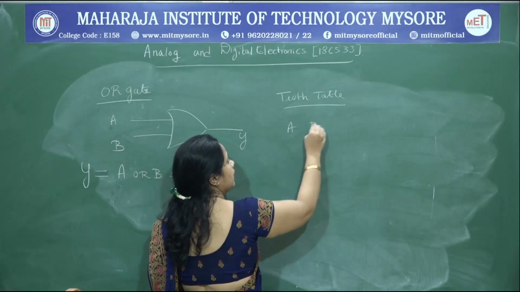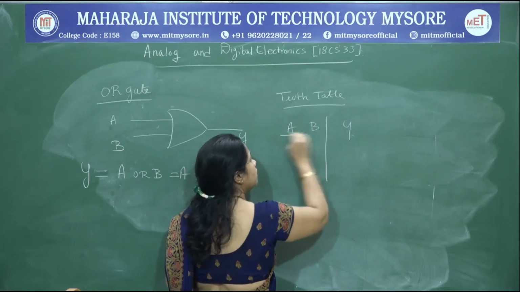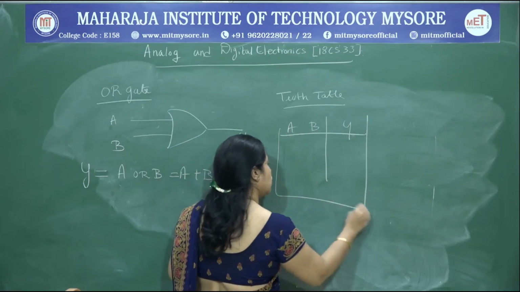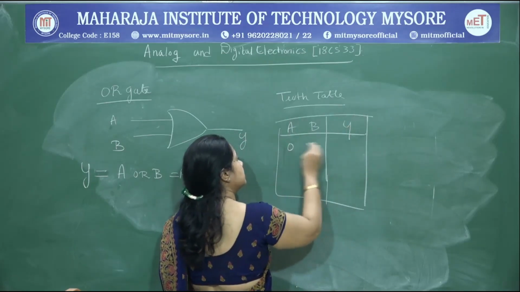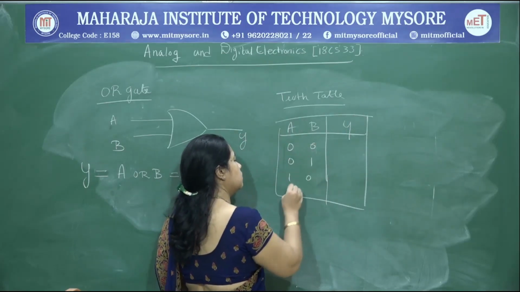So A, B are the inputs and Y is the output. All possible values are 0 0, 0 1, 1 0 and 1 1.